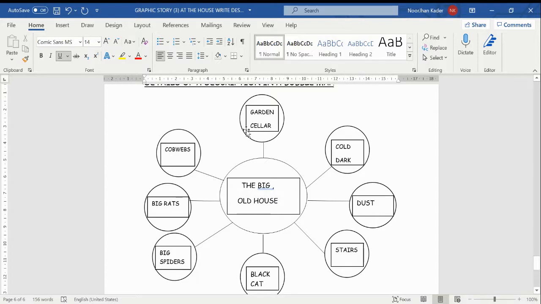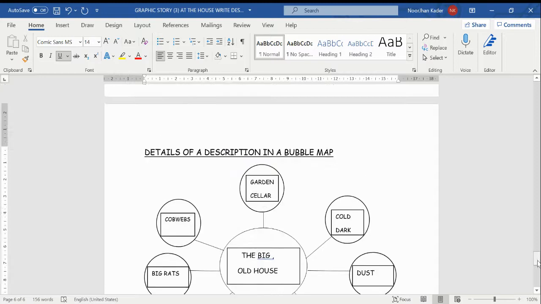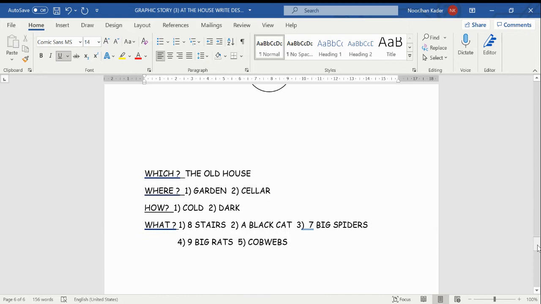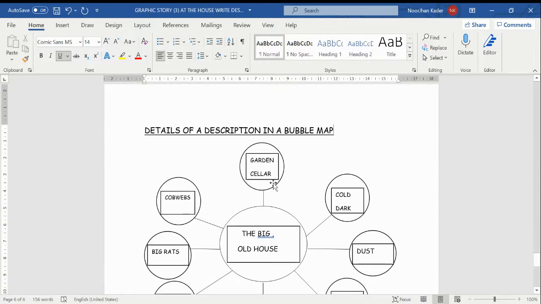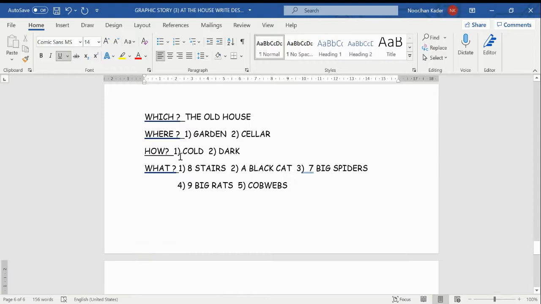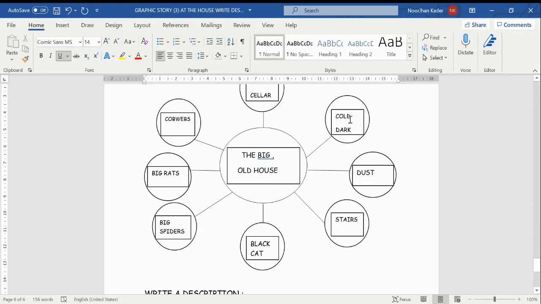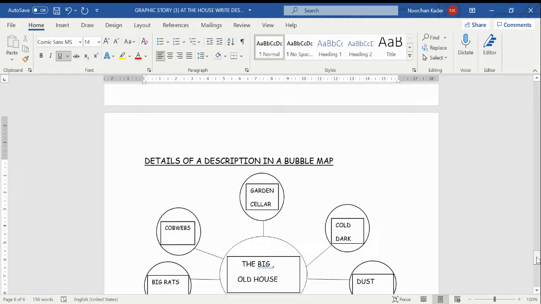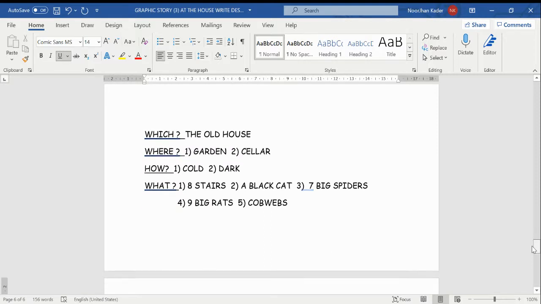Where in the house does this graphic story take place? First in the garden, then later the cellar. Then when Misty goes in, how does the cellar look? It's cold and dark. Then from the story, what can you find in the cellar? 8 stairs, a black cat, 7 big spiders, 9 big rats, and cobwebs.